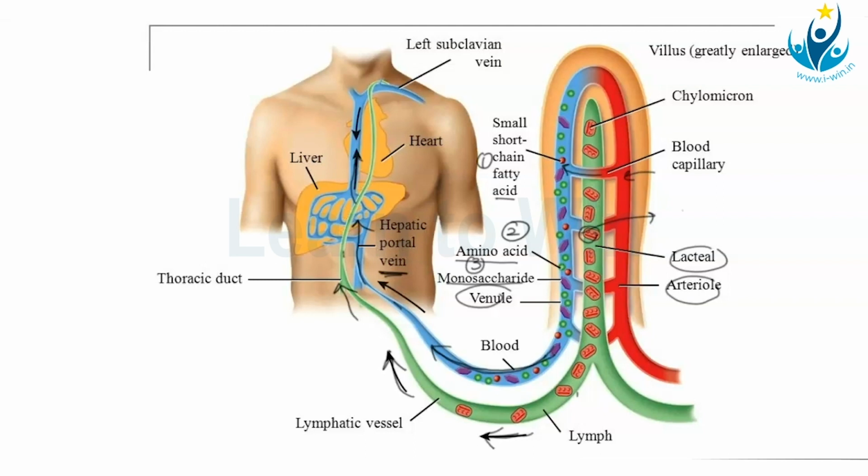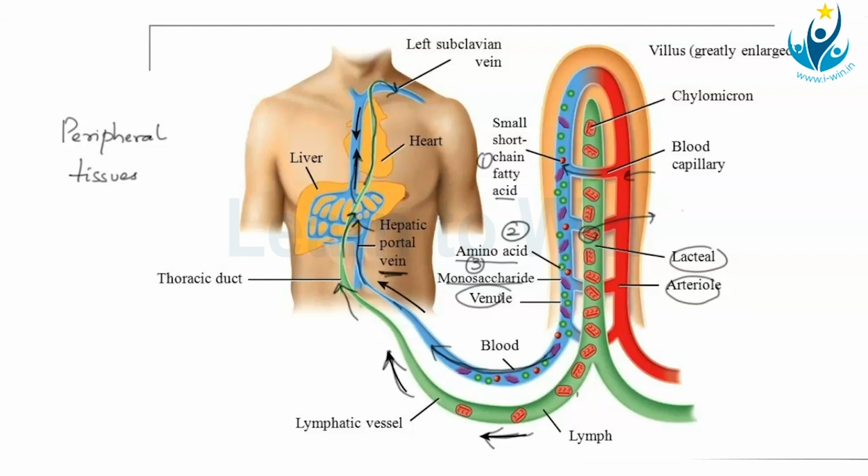The thoracic duct is directly going and joining into the left subclavian vein. So when it is moving like this, the fatty acids will enter into the peripheral tissues and the other blood capillaries. So this is the difference in movements of sugar, amino acids, short chain fatty acids, and that of the long chain fatty acids. So this completes the process of absorption of digested food material.